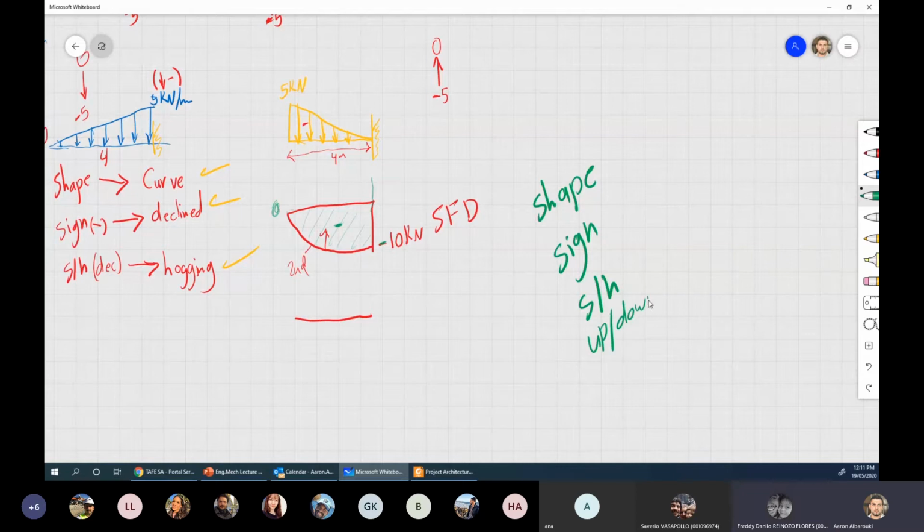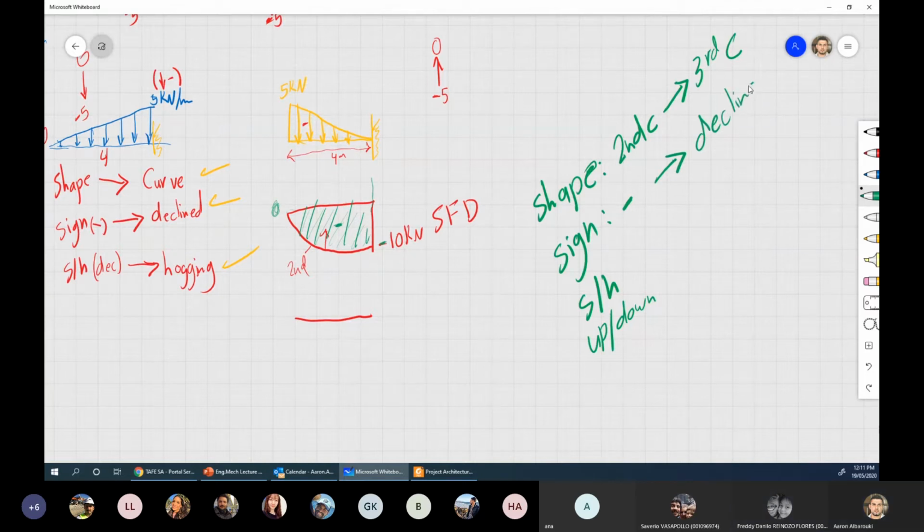So I'm starting with the shape here. It's a second-degree curve. In my mind, a second-degree curve will produce a third-degree curve. My sign here, this area, is all negative. That means I've got a negative sign, which means my curve is declined. So it's going down. Yep.